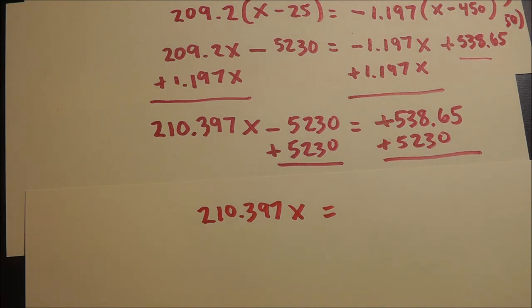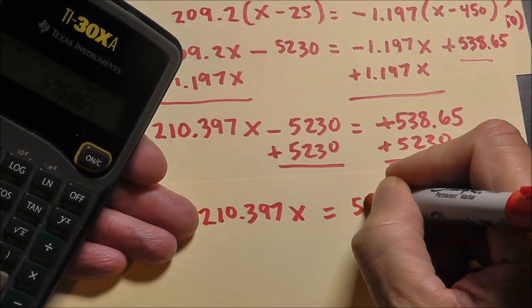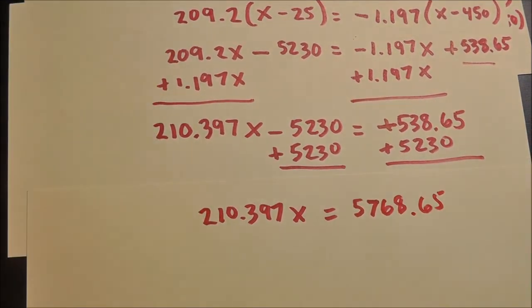So back to my unjacked up result, 538.65 positive, sorry, that was loud, plus 5230, 5,768.65. Now if I divide that number by 210.397, I get 27.4.